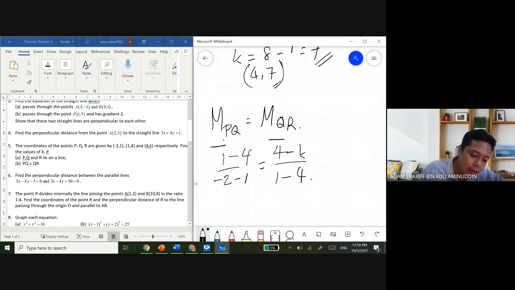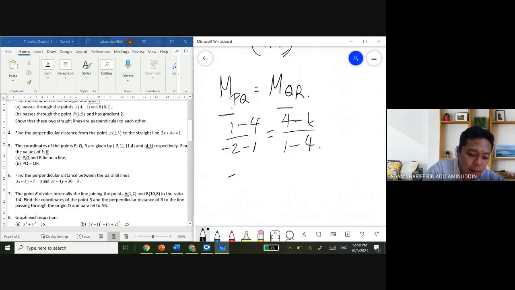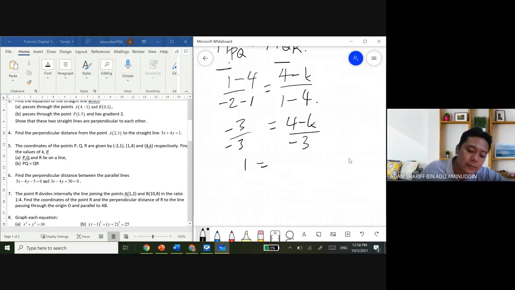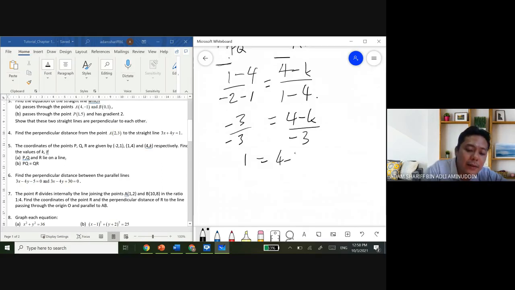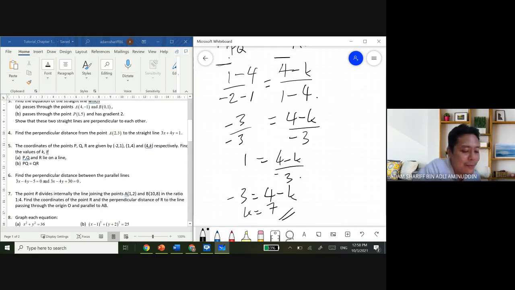To give some credit, negative 3 over negative 3 equals to 1. Is a 4 minus K over negative 3. So 4 minus K over negative 3, negative 3 equals to 4 minus K. So K sama dengan 7. Nampak? Jawapan yang kamu dapat tu sama.